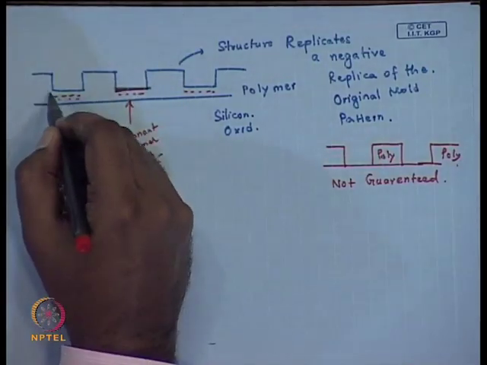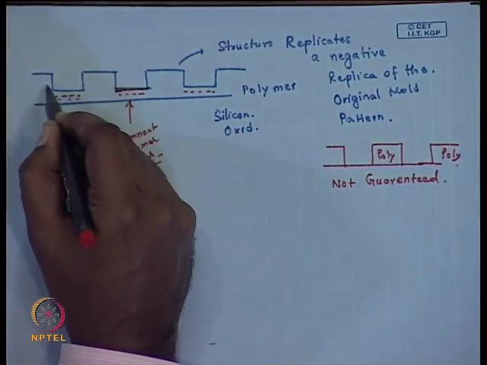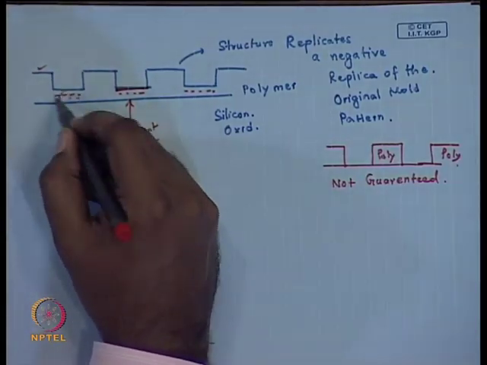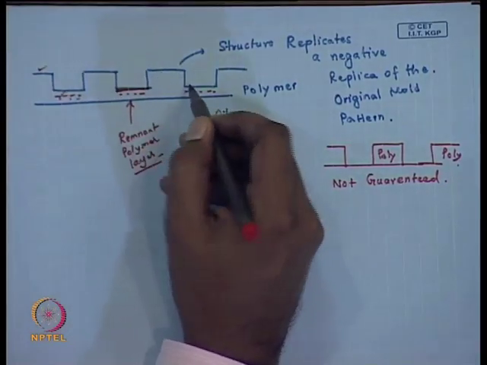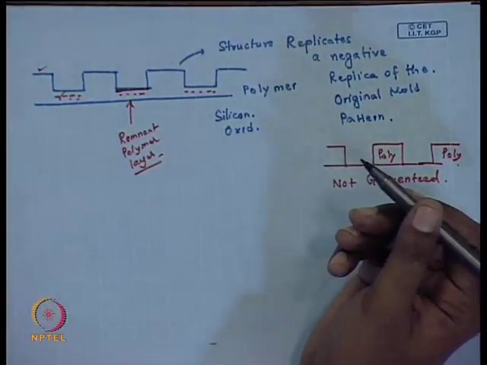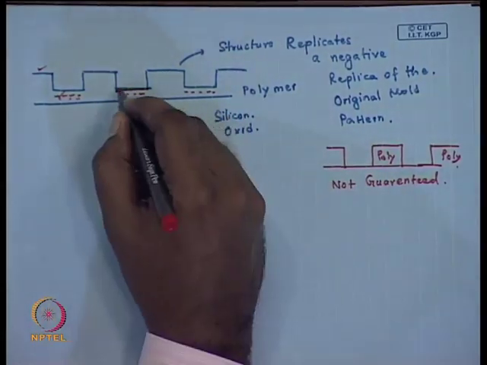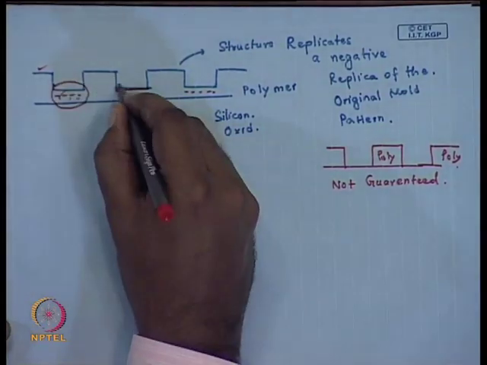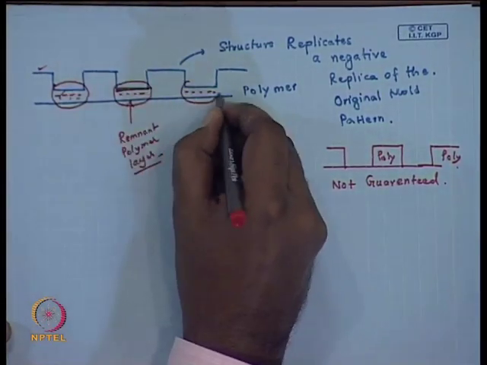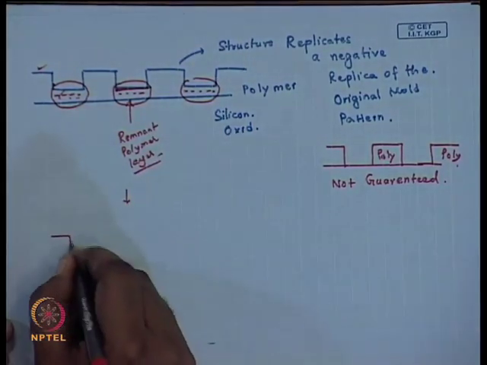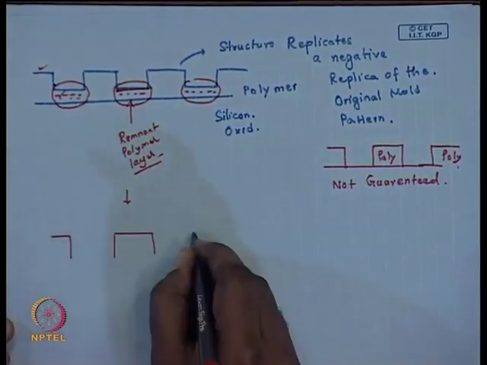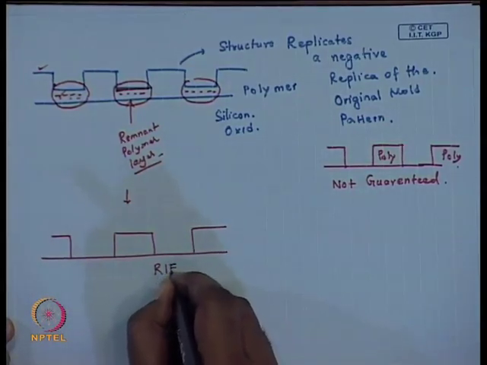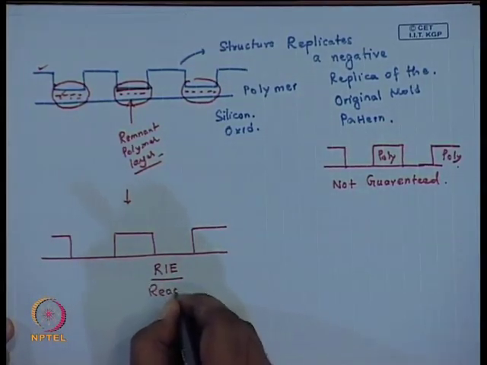So, this actually is good in many settings, because the upper part of the stripes as well as the bottom part of the valley have the same material. But if you are interested in having access to the substrate, of course, you want to preferentially remove the polymer over these areas, by the method of what is known as RIE, reactive ion etching.